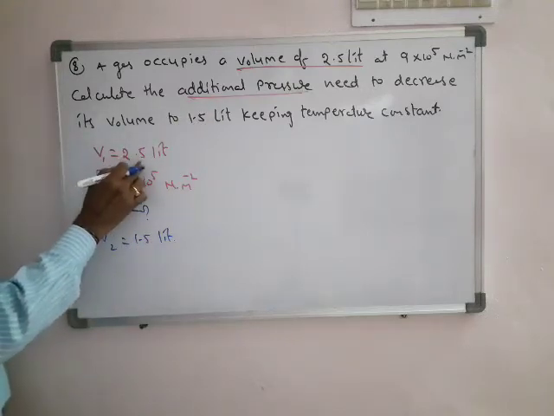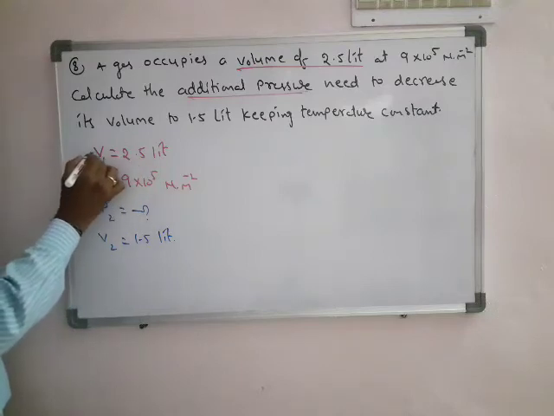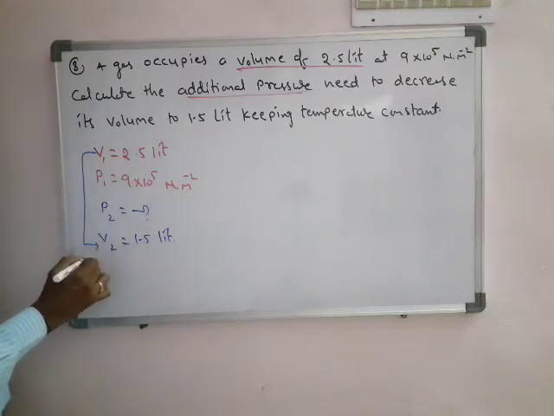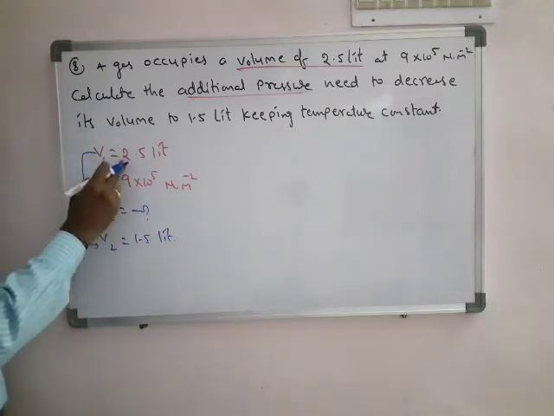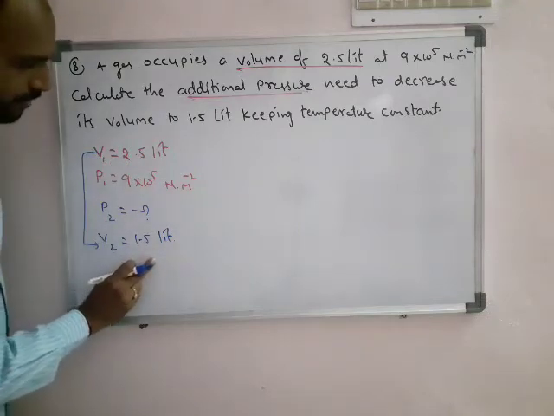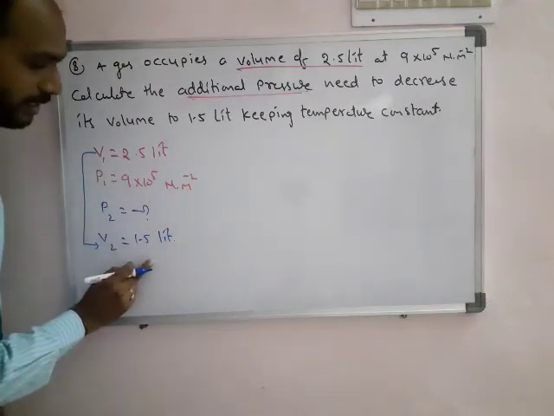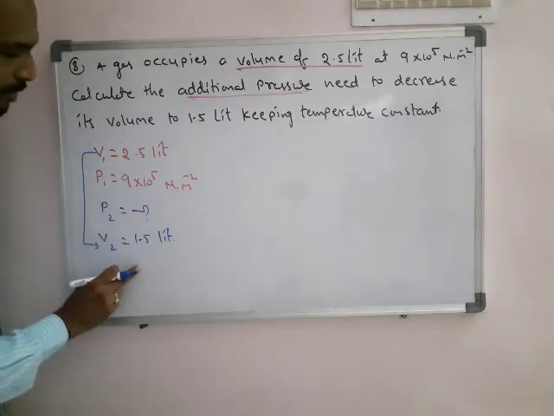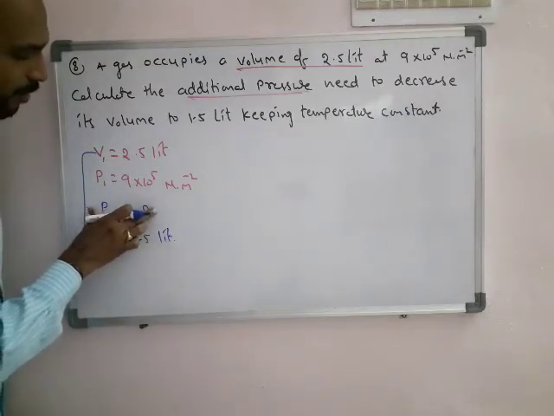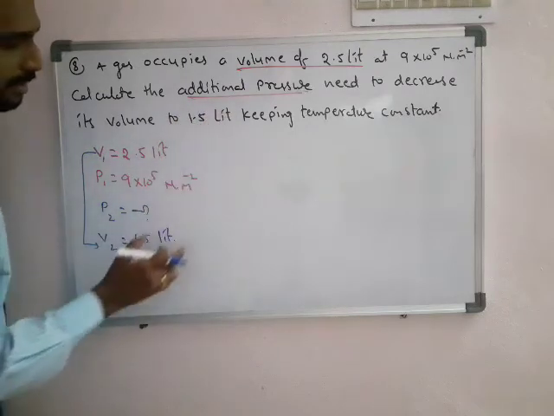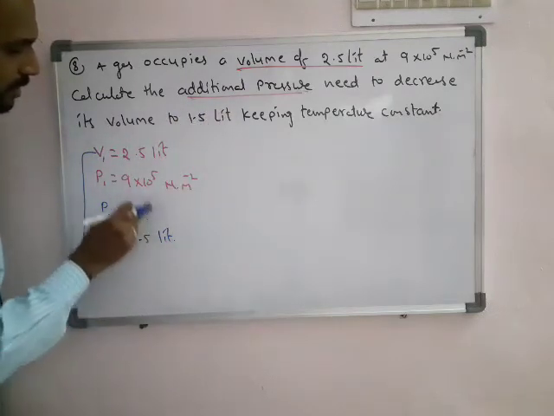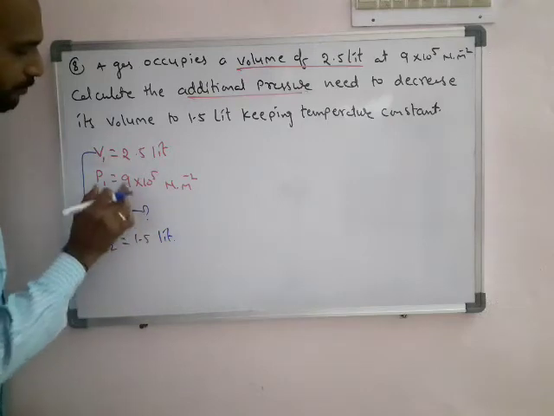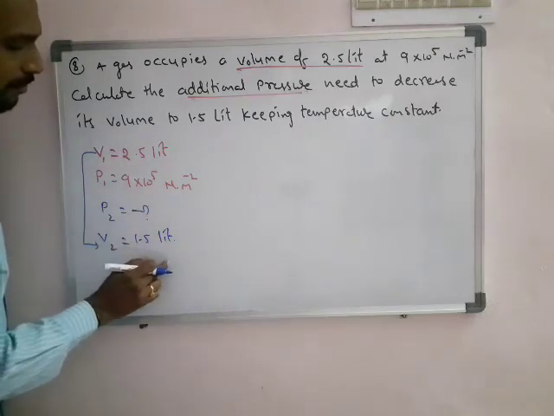Here volume 2.5 liter is there, and we need to decrease its volume from 2.5 liter to 1.5 liter. So when volume decreases, we need to increase the pressure, because they are inversely proportional. What is the extra pressure required to change its volume from 2.5 to 1.5 liter?